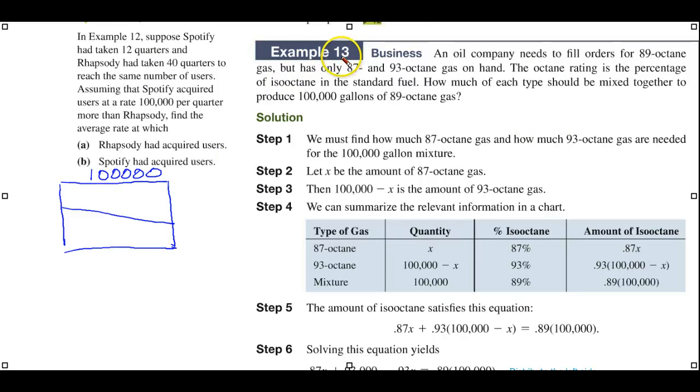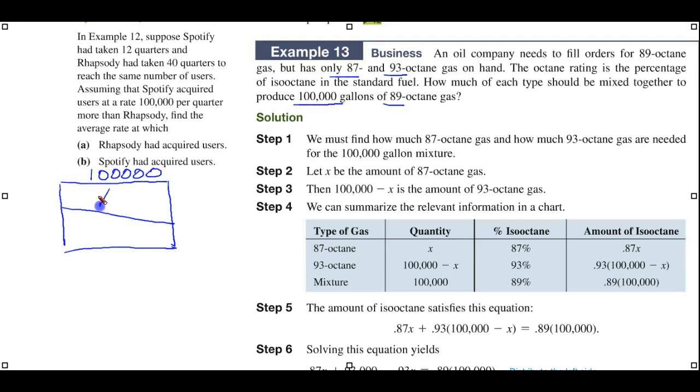Now in example 13, we're going to mix 87 octane with 93 octane to end up with something sort of in the middle, 89 octane. And you want to end up with 100,000 gallons. How much of each should you put together to get this range? Well, we're going to use that same technique. We're going to try to divide 100,000 into two parts.